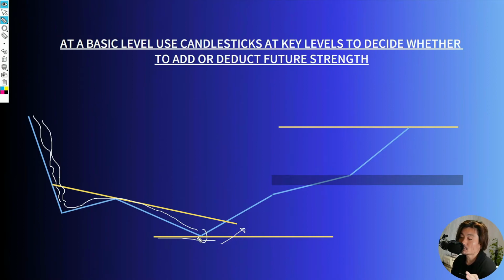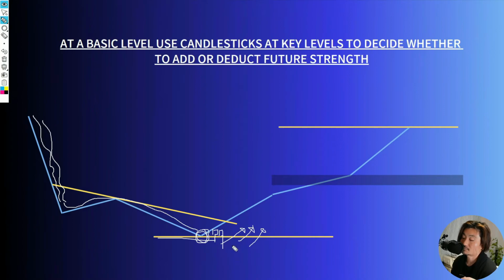At this point, in conjunction with the trend line, you want to start using these candlestick patterns to either add or deduct future long strength. Let's say at this point right here, where that other trend line is, which shows future long strength, there were consecutive rejection candles.